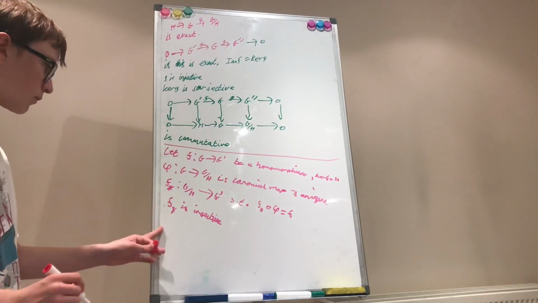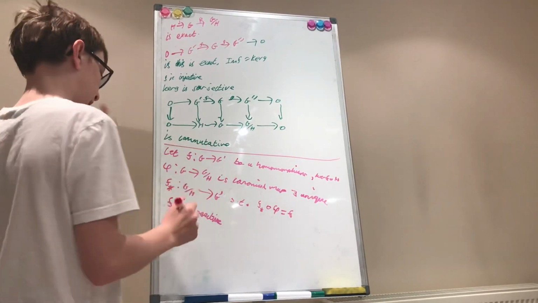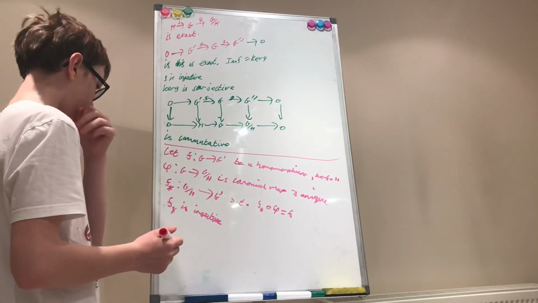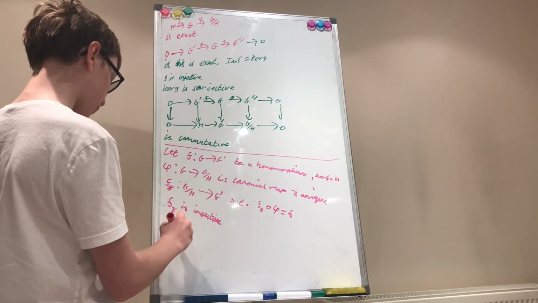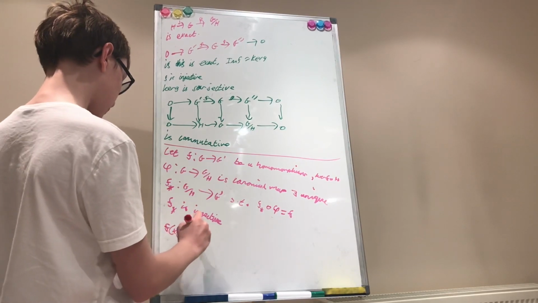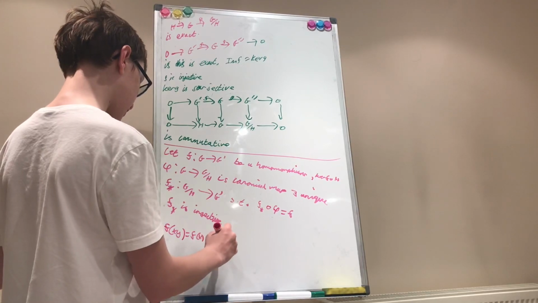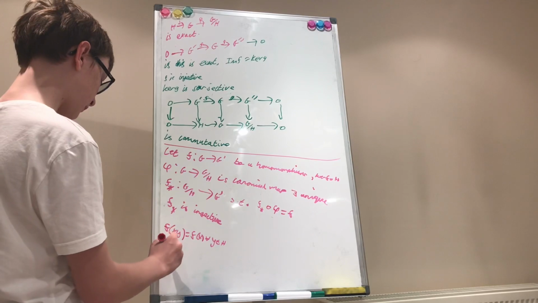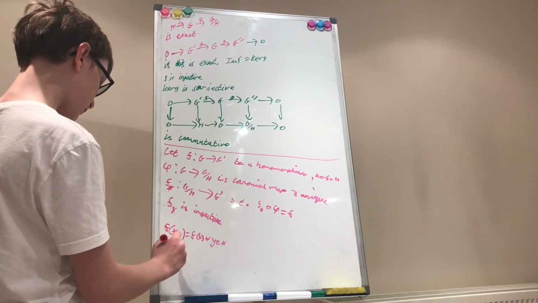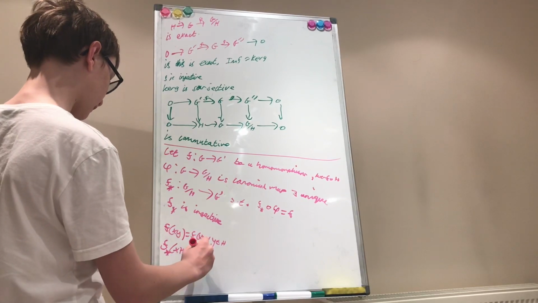Now how should we define this f star? Well, if f of xy equals f of x for y in H, we'll define f star of xH equal to f of x.